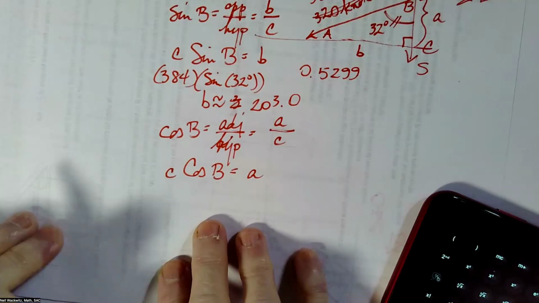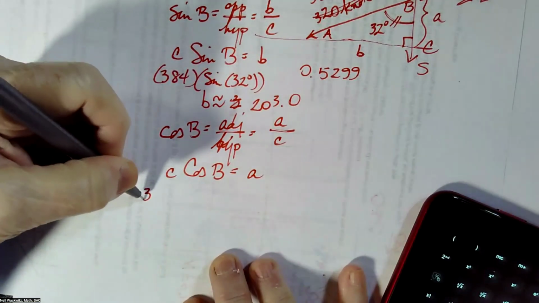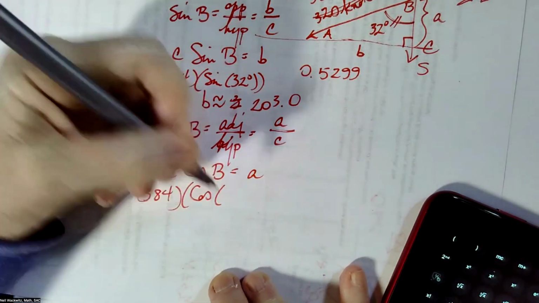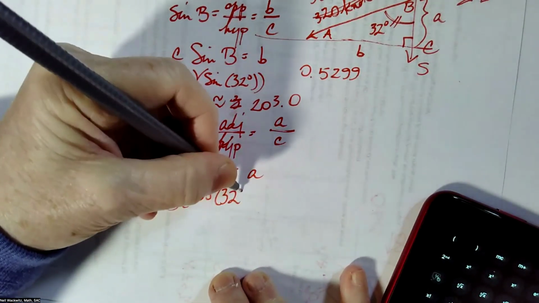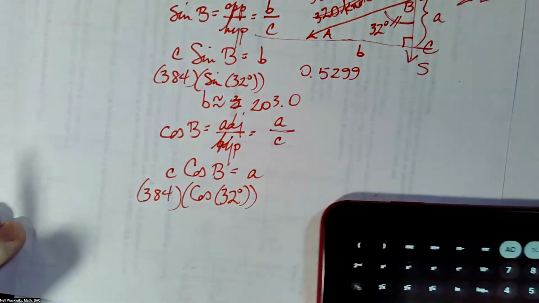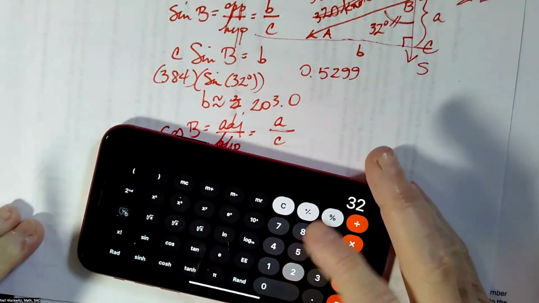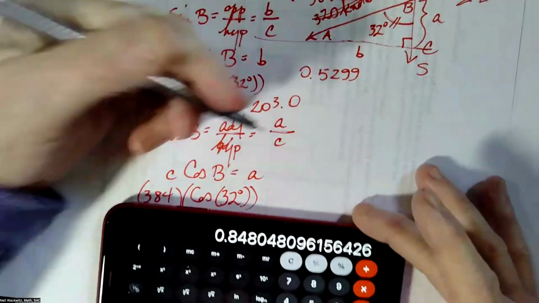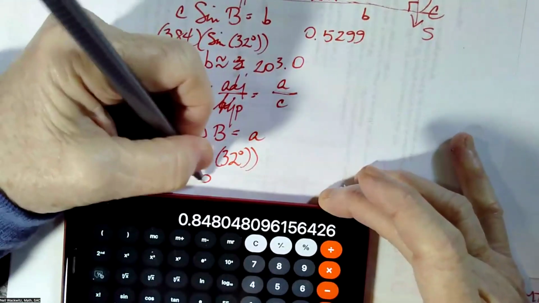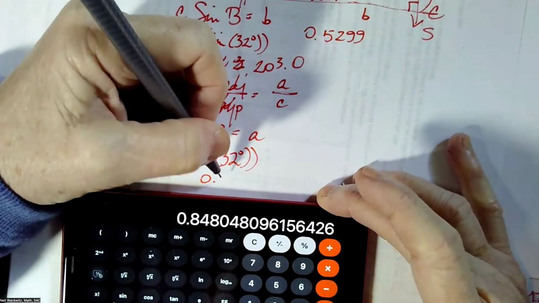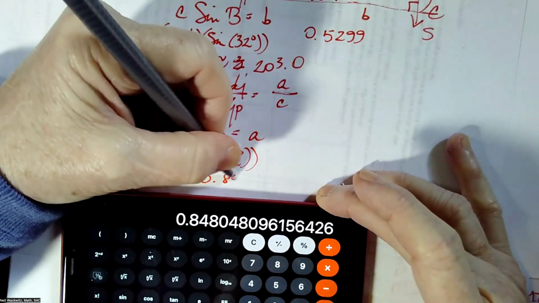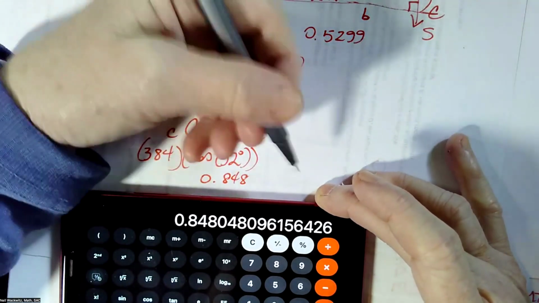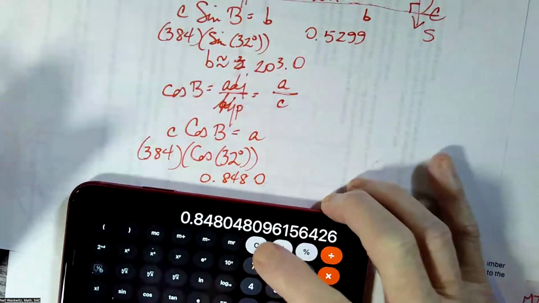And now I can fill in the numbers. 384 times the cosine of 32 degrees. So cosine of 32, I get 0.848, and the fifth digit is a 4, it's less than 5, so I leave the digit alone.